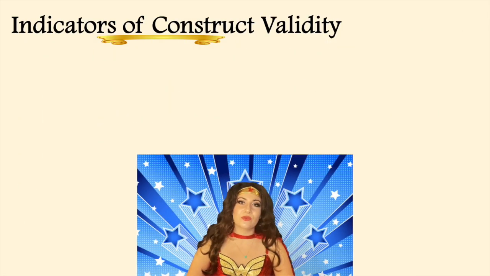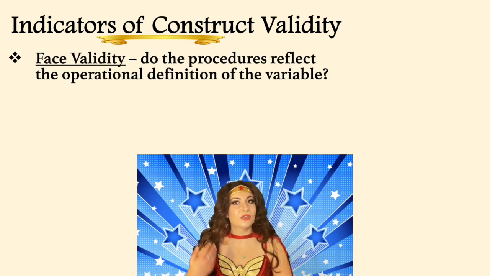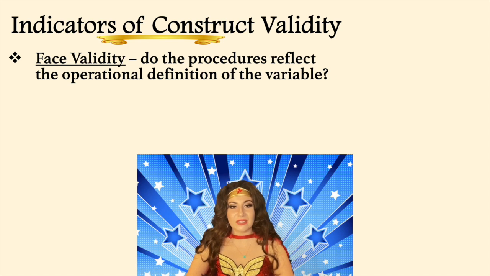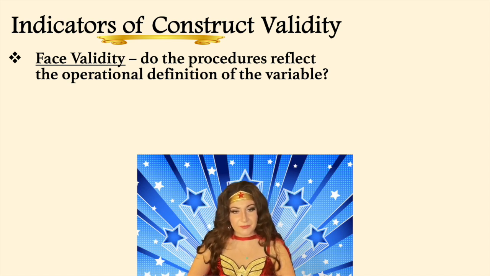Construct validity, again, refers to how well you've operationally defined your variable and whether or not the way that you are planning to measure that variable is valid or not. So the first type of validity in the umbrella of construct validity is called face validity. Do the procedures reflect the operational definition of the variable?